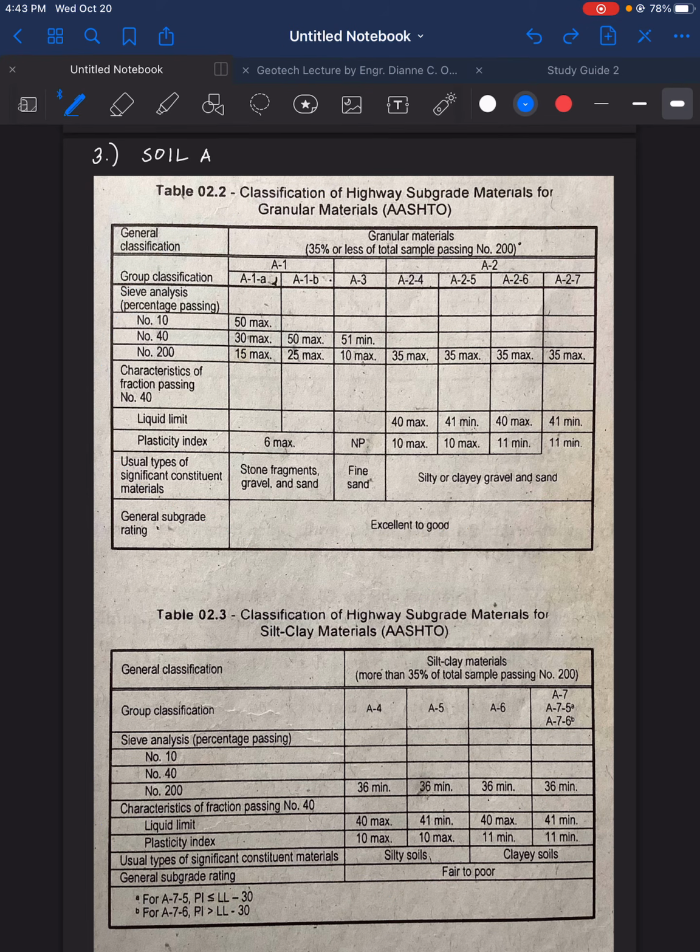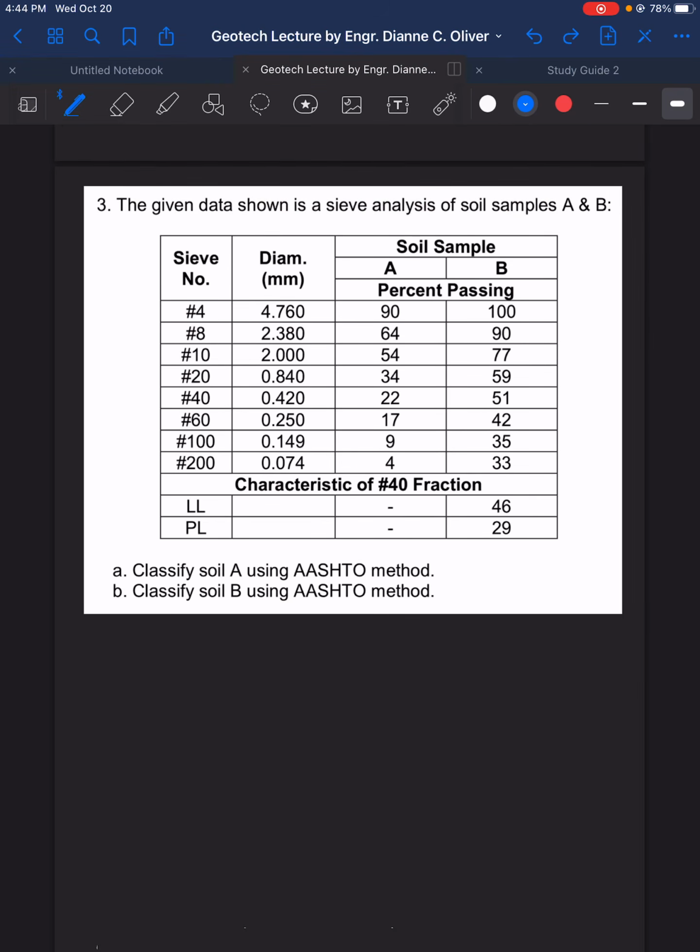Choose between the two. The first one says 35% or less of total sample passing number 200, granular material or coarse-grained material. Then the next one is more than 35% of total sample passing number 200. Now, it mentions number 200. What is the percentage on number 200? For soil sample A, the percent passing number 200 is 4%.